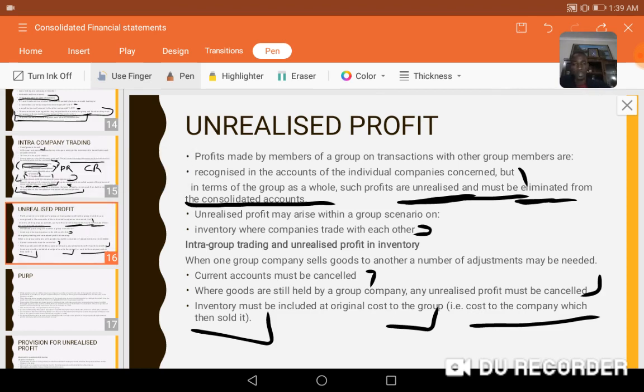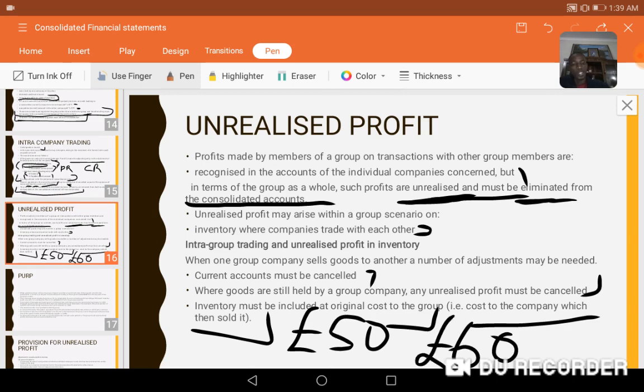Like I was saying, for example, if we bought them for £50 and we sold them to a subsidiary for 60, we need to remove £10 profit and recognize 50 as the cost to the group, until these goods which were sold at a profit of 10 are sold to a party outside the group.